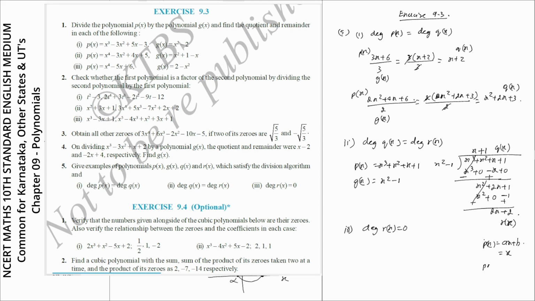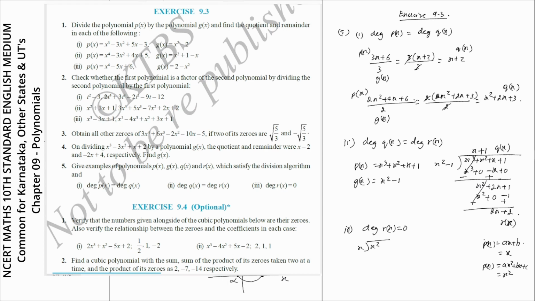Similarly, a quadratic polynomial is ax square plus bx plus c. If a is 1, and b and c are 0, we get x square as the quadratic polynomial. Now I'll divide the quadratic polynomial by a linear polynomial.